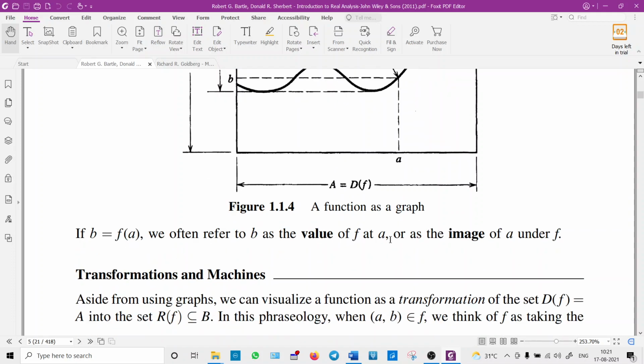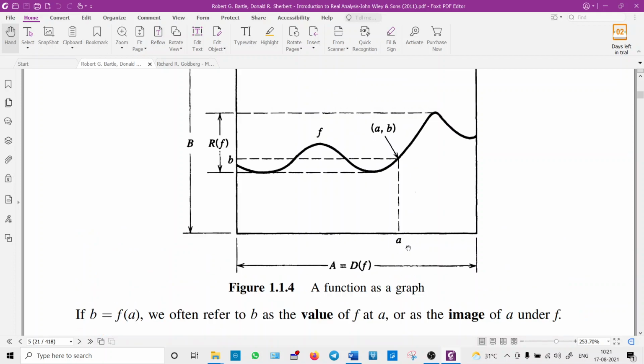So what is the value of the function? Suppose a is a number or an element. What is the value of this function at this element A? That is f of A, that is B. And you can use the word image also. The image of A is what? B.